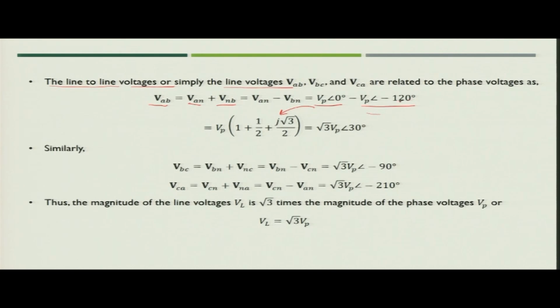When you arrange this component in rectangular form, this is like 180 degrees plus 60 degrees.